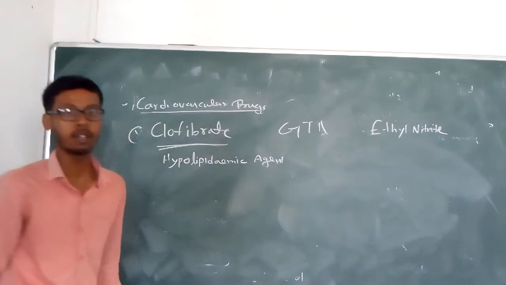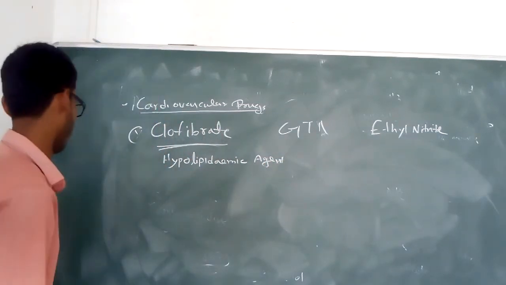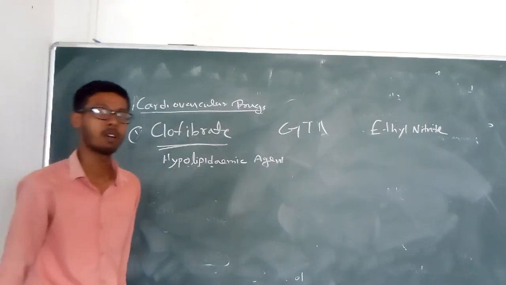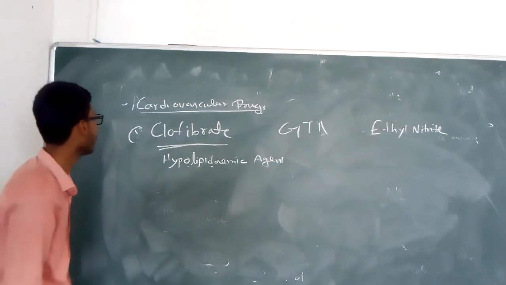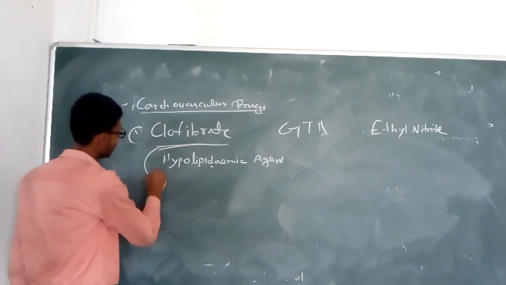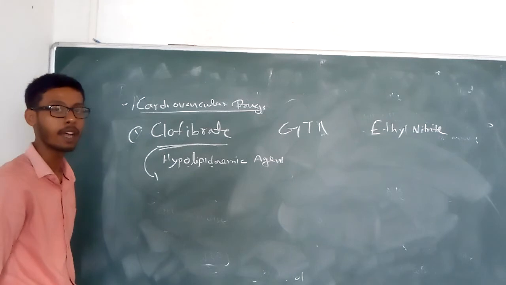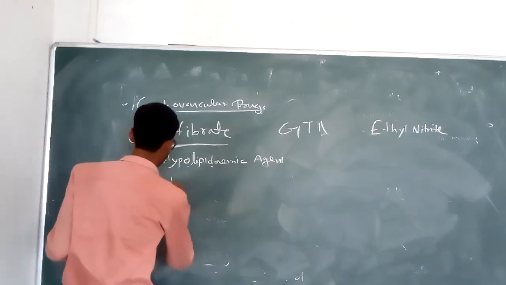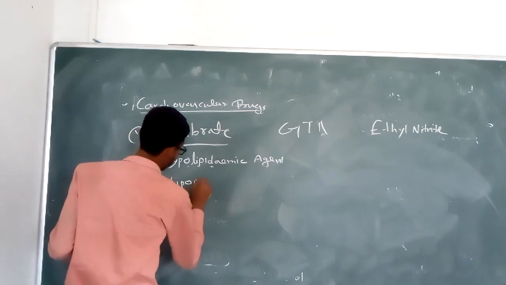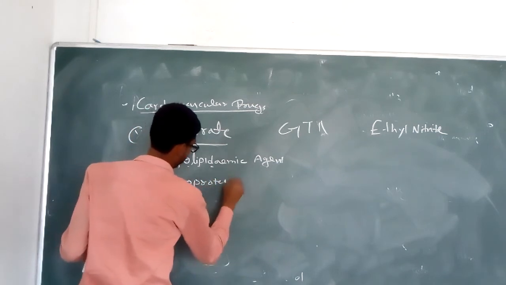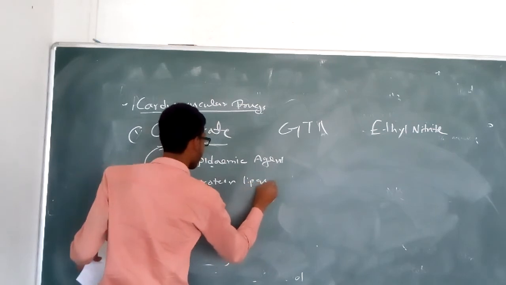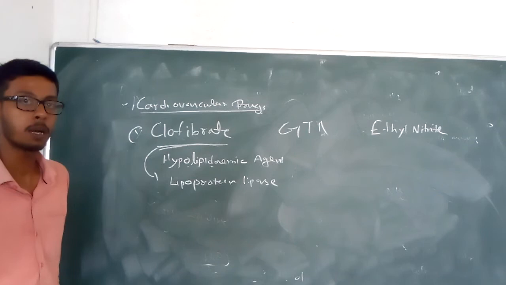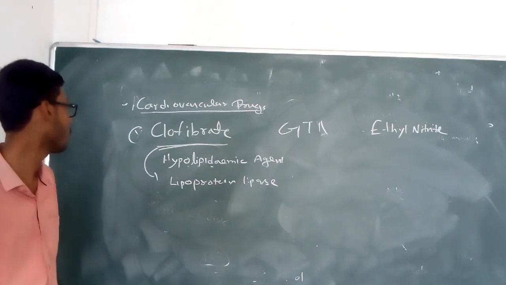Hypolipidemic agents, an example is clofibrate. The mechanism of action of clofibrate is that it activates the enzyme lipoprotein lipase. Remember the enzyme name, lipoprotein lipase.